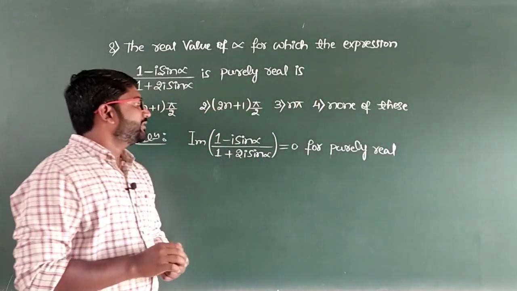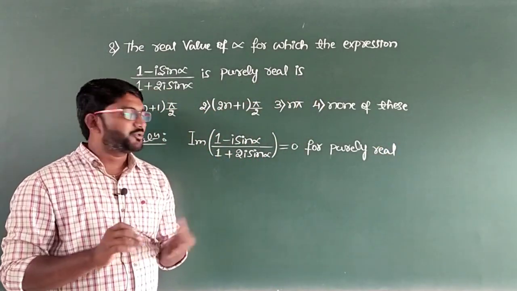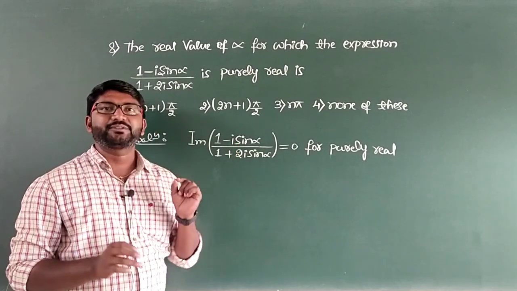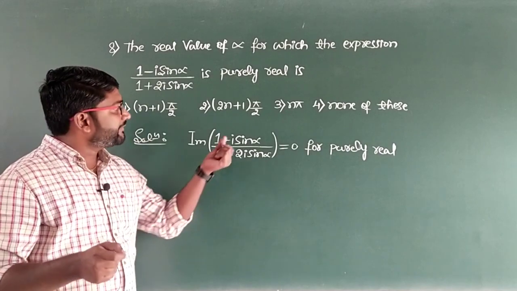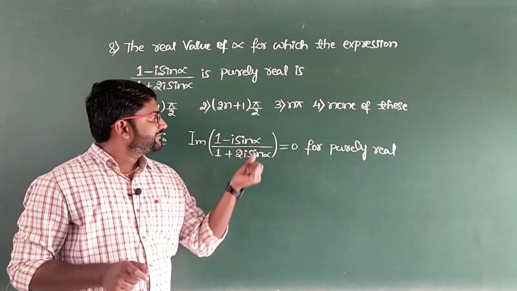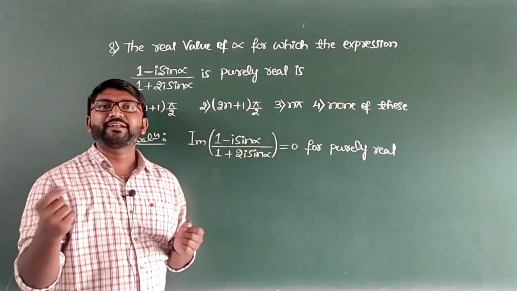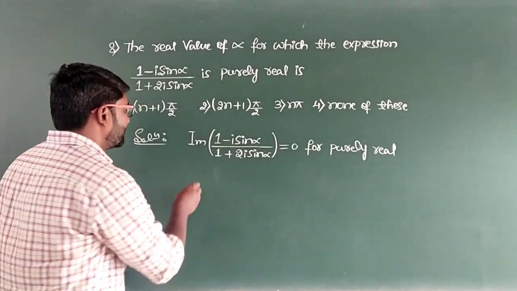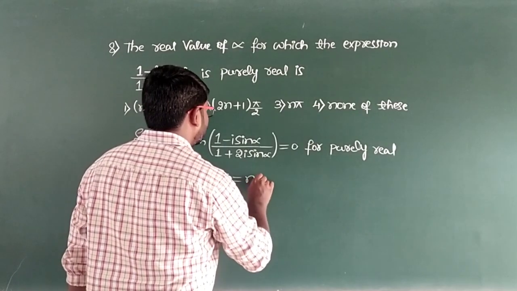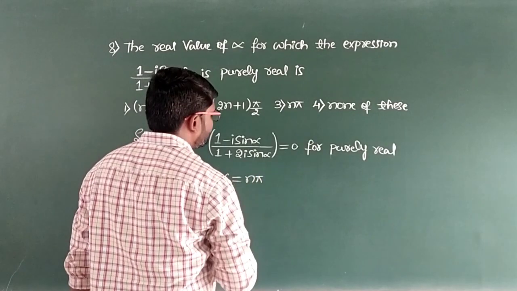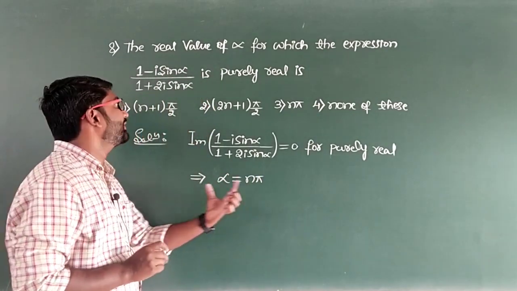So now in order to make the imaginary part 0, the sin alpha term must be 0. Sin alpha term must be 0 means what will be the alpha? By verification, if alpha is n pi, then sin becomes 0. Sin n pi is 0. So this implies alpha is equal to n pi. So by verifying the options we have got the answer as alpha equal to n pi.